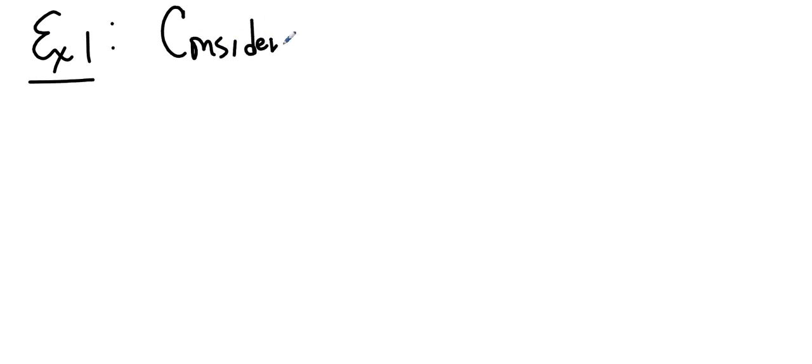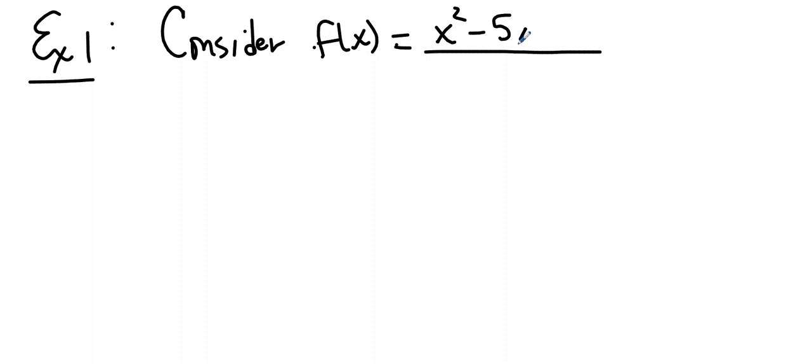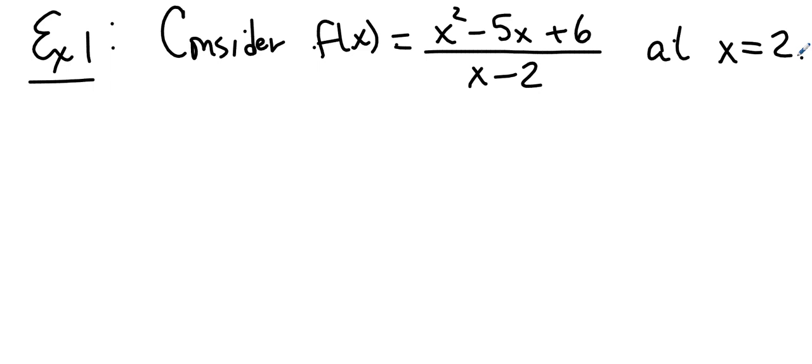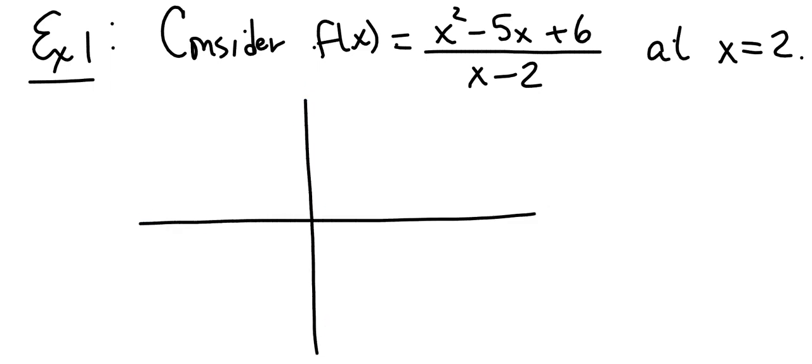So consider the following. Consider f of x, which will be the function x squared minus 5x plus 6 over x minus 2 at x equals 2. If you were to graph this function, it looks like so. That's the x value 2.